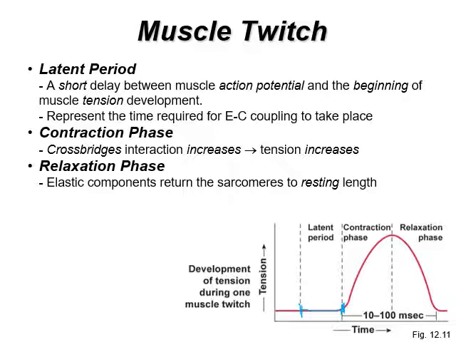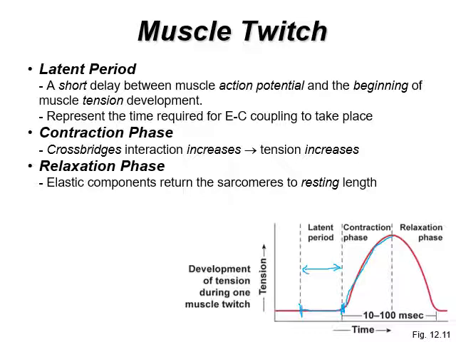We got to move the action potential down the transverse tubule, open up the channels, get calcium out. We got to have calcium bind to troponin and move tropomyosin. Now we can actually start the contraction phase. So we have all those events in the EC coupling taking place that take time before we actually see contraction.